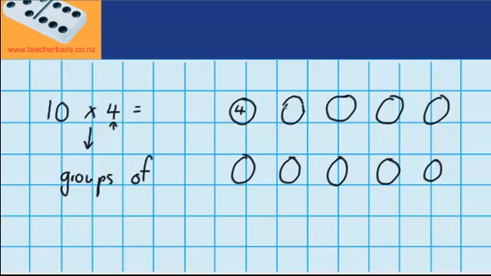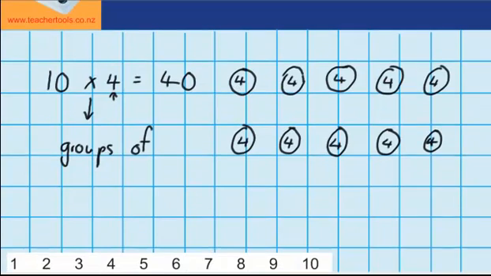Let's put 4 in each one. So you can see in total here I've got 40 counters because there were 10 groups and 4 counters in each group.